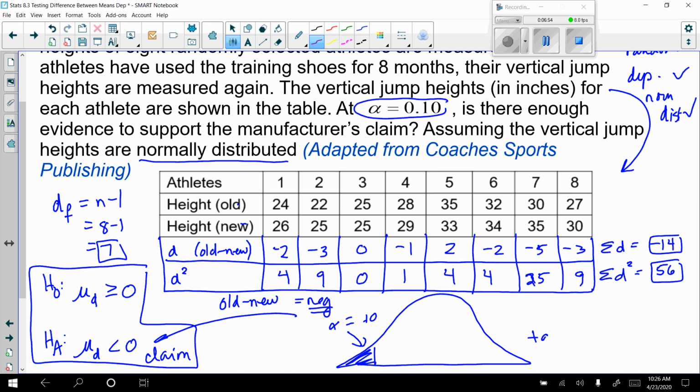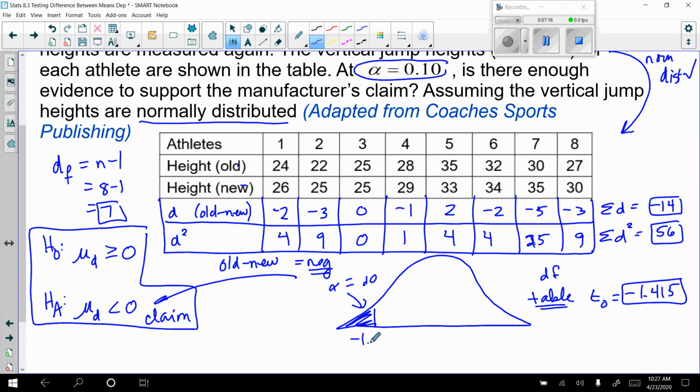From the t-table, using degrees of freedom of 7 and an alpha level of 0.1, we get a critical t-value of negative 1.415. So now we can proceed by finding the rest of our calculations.